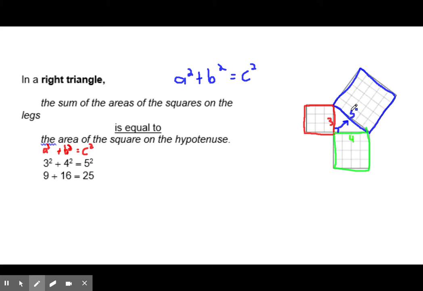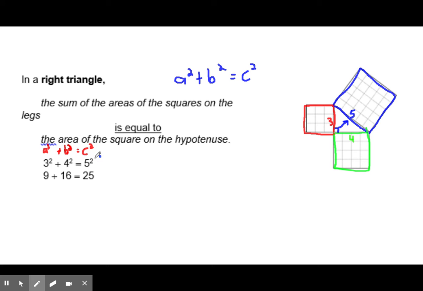So that's 5, right? And we know that in our equation, we need to square each side. So 3 squared plus 4 squared equals 5 squared. And so if I do that in my calculator, 3 squared is the same as 3 times 3, I get 9. 4 squared is the same as 4 times 4, we get 16.